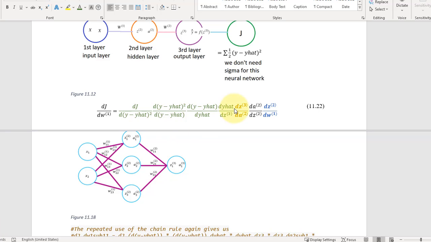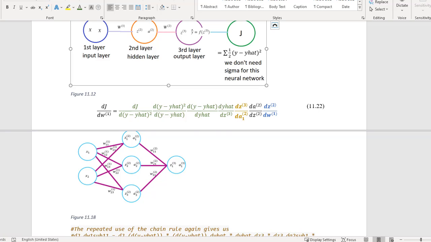So instead of dz3 dA2, it's going to be dz3 dA2 sub 1. We have to change that to sub 1 for this network. So I changed that to A2 sub 1 instead of just A2, because that's the node that we're going to pass through.